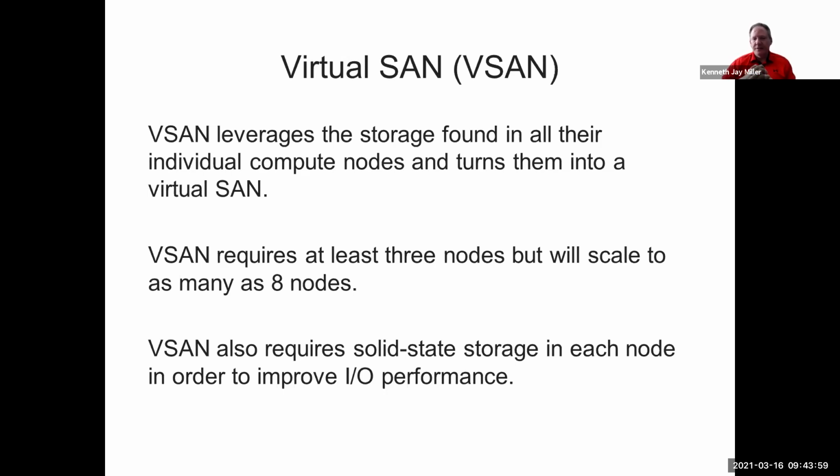However, the storage has to be solid state. It cannot use SATA or SCSI or IDE interfaces. It has to be solid state, and it maxes out at 8 nodes. So you can only have up to 8 ESXi servers vSAN together with their storage.